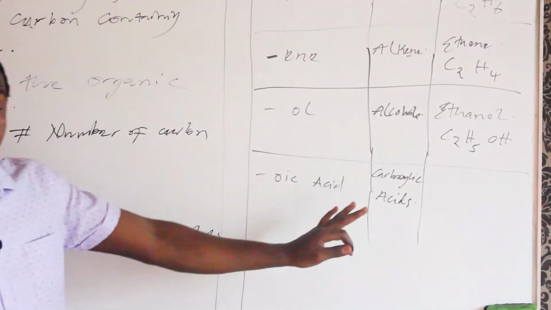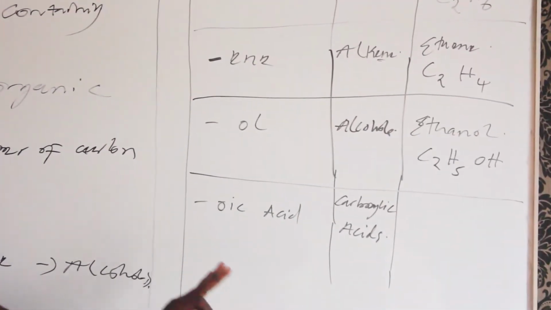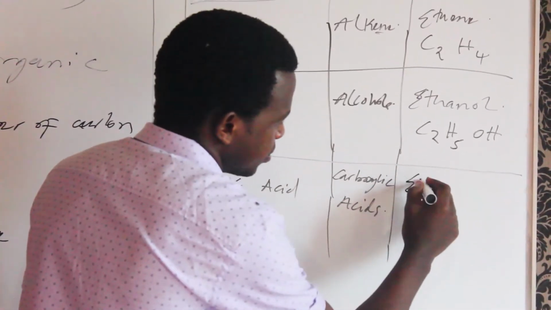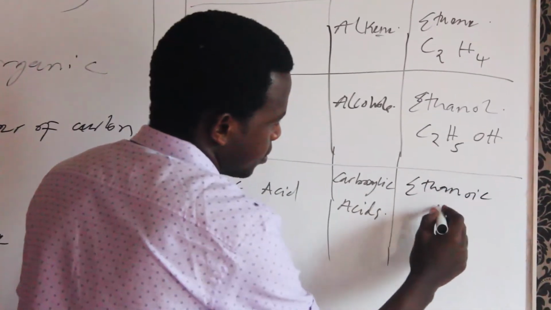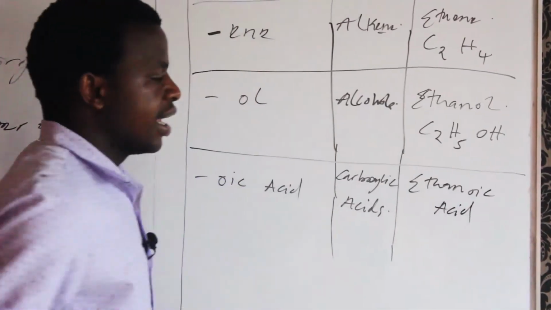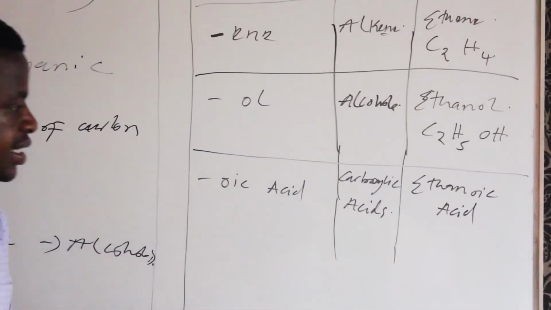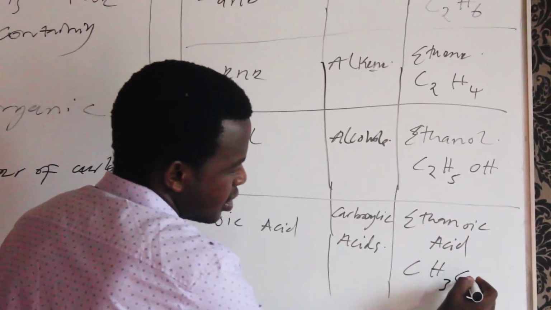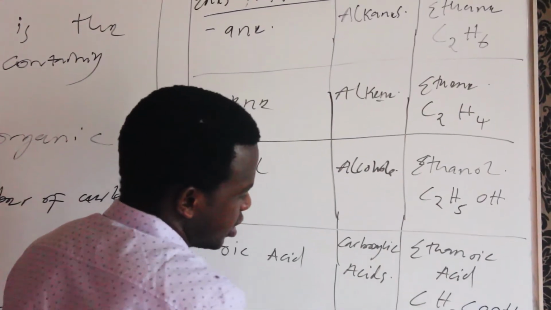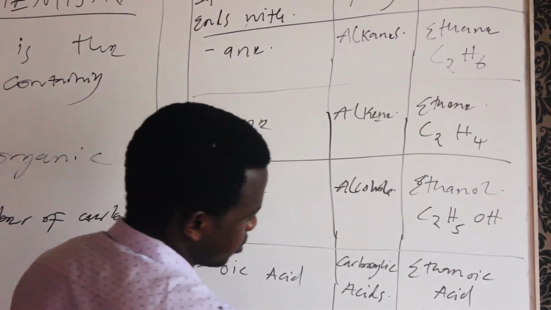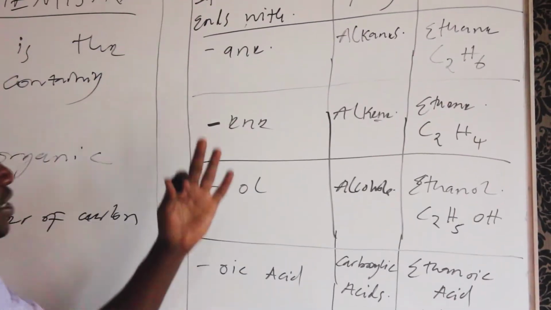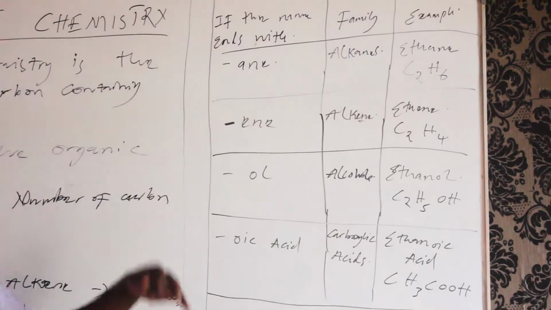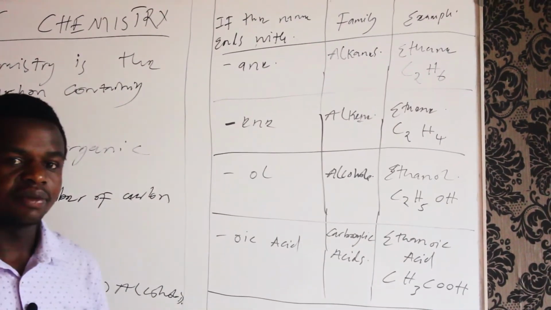An example that I'm going to give here is ethanoic acid, and the formula of ethanoic acid is CH3COOH. So this is how you identify the family to which an organic compound belongs.